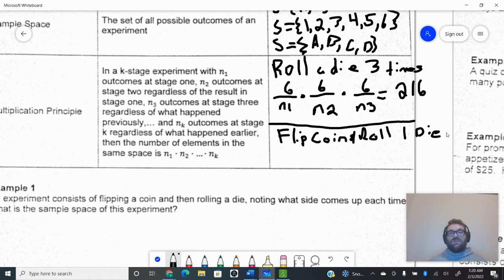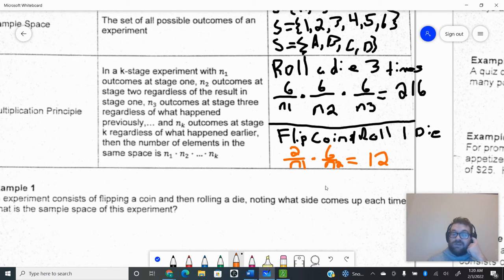No, because no matter what I flip with that coin, it's not going to change what I get with the die. So how many outcomes were there for the coin? There were 2 outcomes for flipping a coin. How many outcomes were there for a 6-sided die? 6. So there are 12 total outcomes.